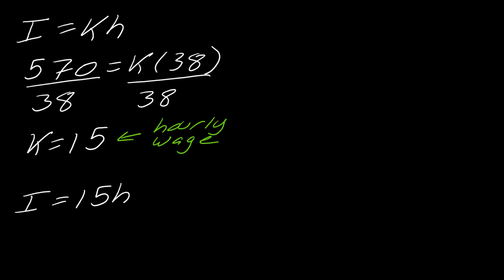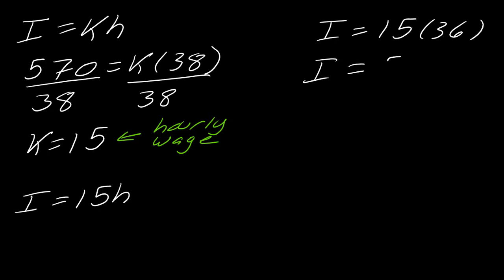Now it says she's working 36 hours, so I'll plug that in. So I equals 15 times 36, and so her income for the week will be $540.